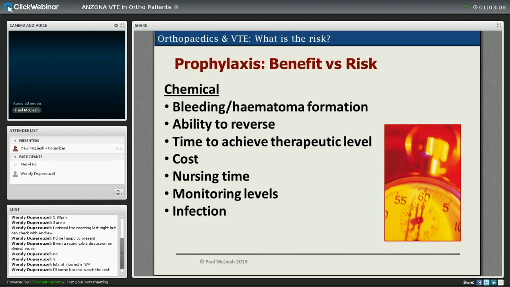Things like warfarin, patients need to be monitored regularly to check the INR levels, so there's costs associated with that as well, and it means that the patient has to then somehow get to the clinic to have the blood taken on a regular basis. So there's a whole heap of different benefits and risks associated with some of those things as well.